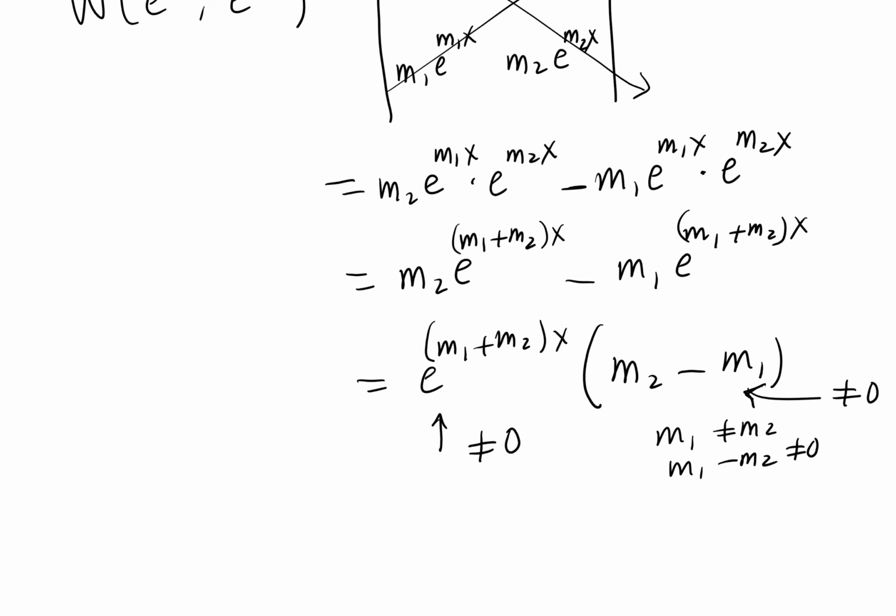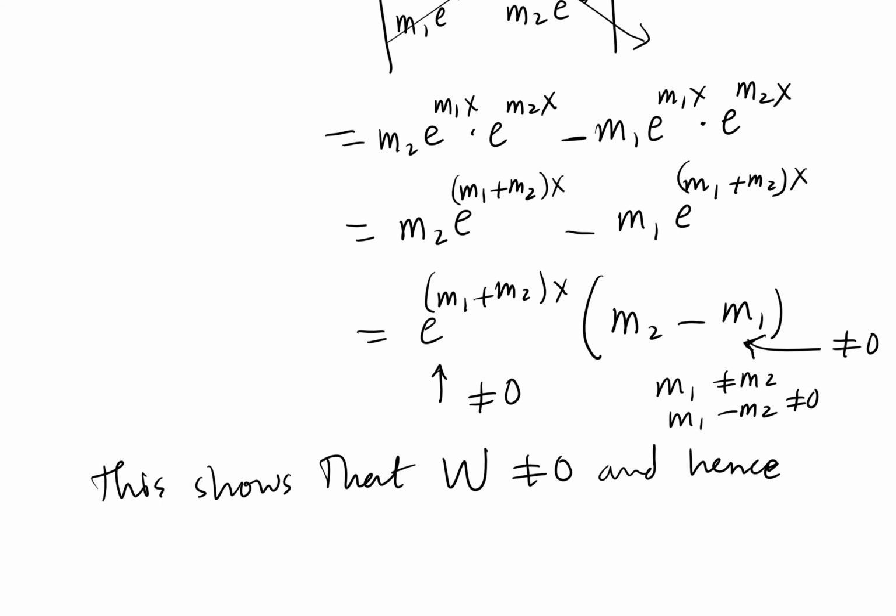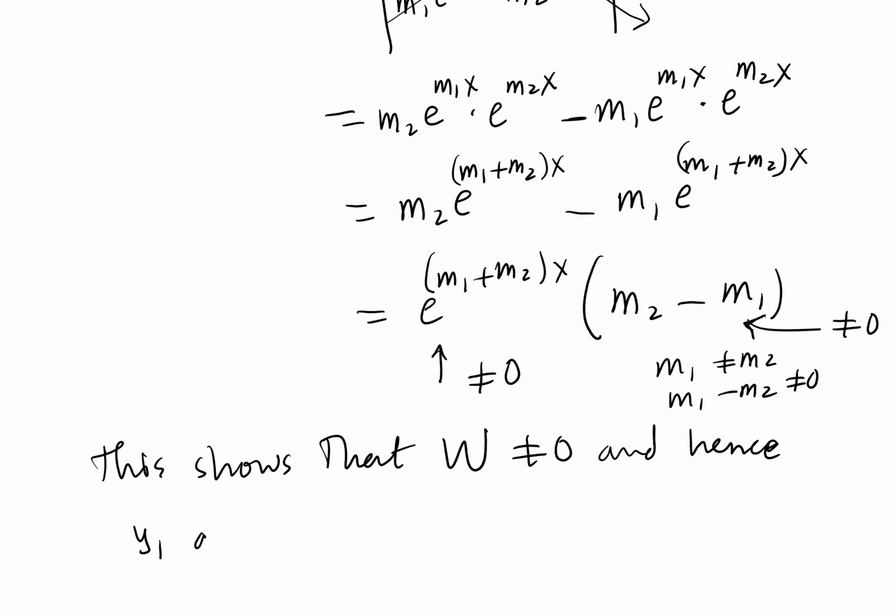So what does that tell us? This shows that the Wronskian is never zero, and hence y1 and y2 are linearly independent.